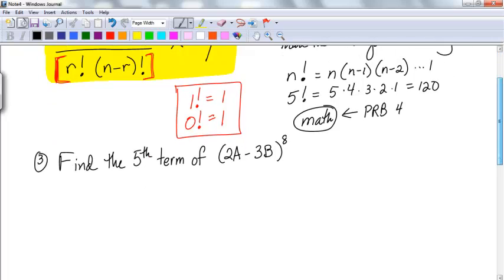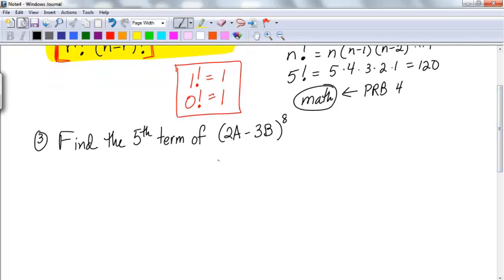First, I would probably rewrite this as 2a plus a negative 3b. That negative 3b is my second term, to the 8th power.